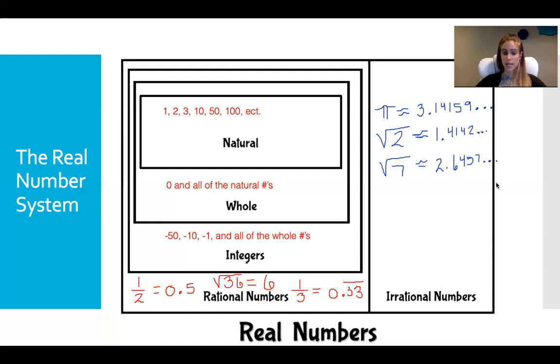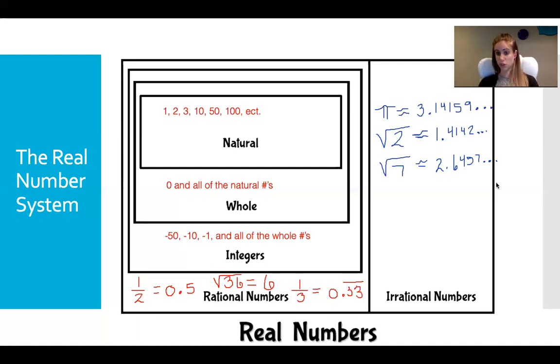All right, so to summarize, real numbers are rational and irrational. Within the rational category, that's all of your integers, so positive and negative numbers, fractions, decimals that terminate, decimals that repeat forever, and perfect squares.